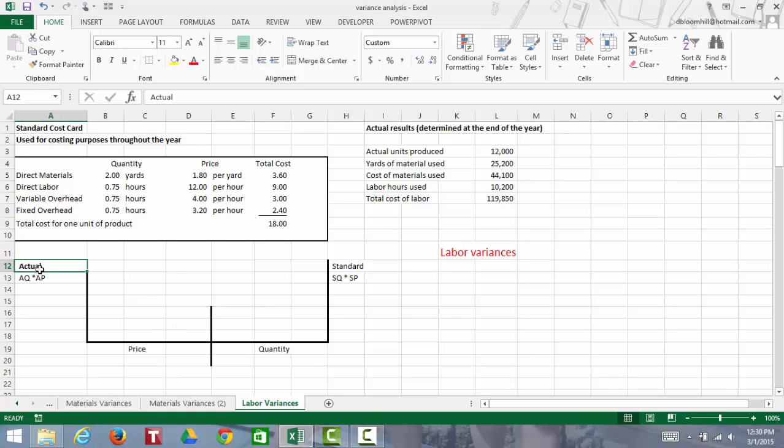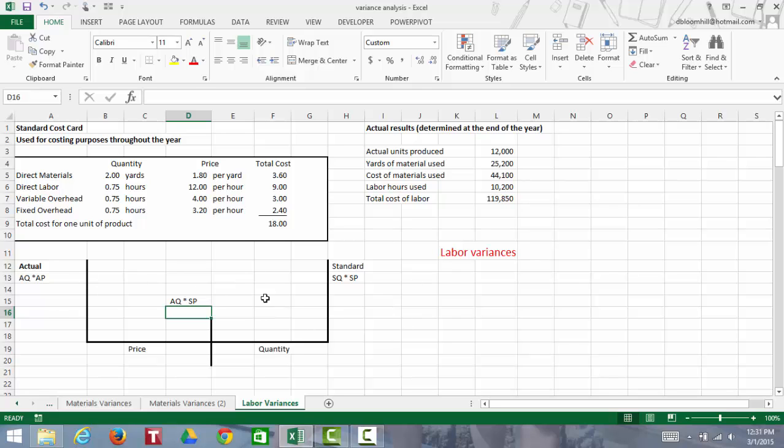So between the left-hand prong and the middle prong, we want a price variance. Price variance means change the price. So between the left-hand prong and the middle prong, we will not change the quantity. We'll use the actual quantity of labor, but we will change the price from the actual price to the standard price.